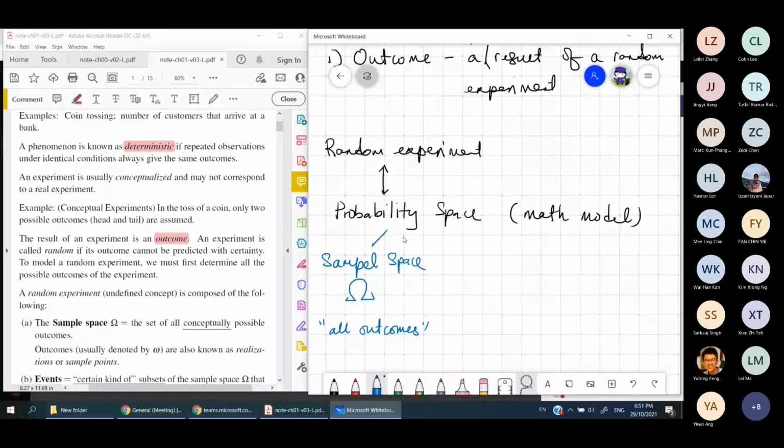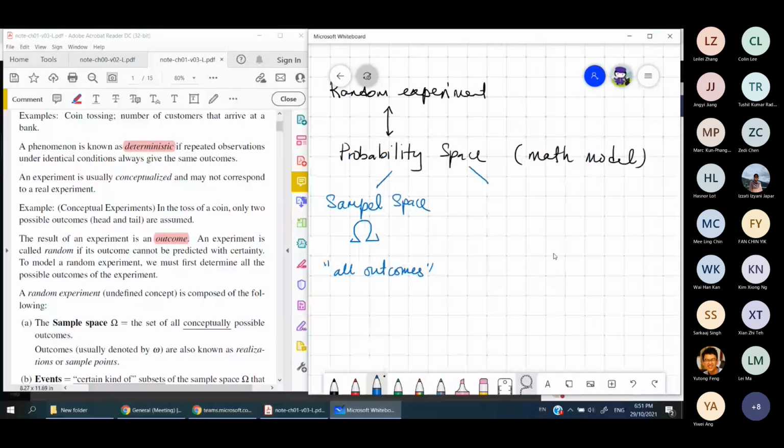Once we have established it, the next thing is another element, which we simply call a sigma field. We represent this by script F. This sigma field is the collection of all events.